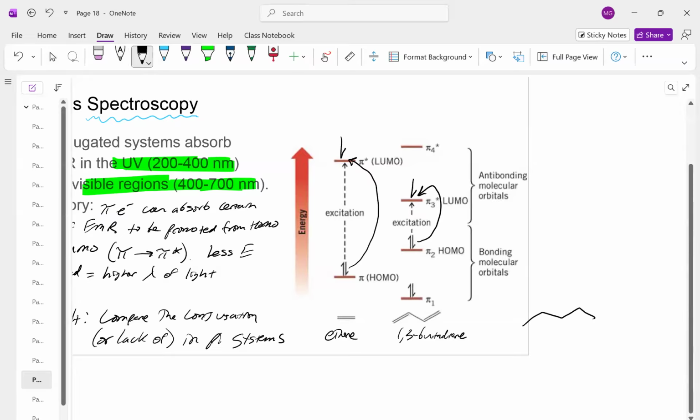So if I have more conjugation, then the gap between the HOMO and the LUMO will be smaller than 1,3-butadiene, and so on and so forth. The more conjugation there is, the less energy will be required.